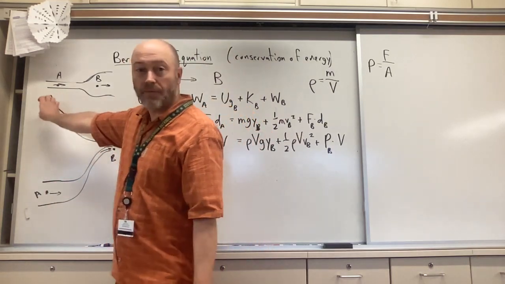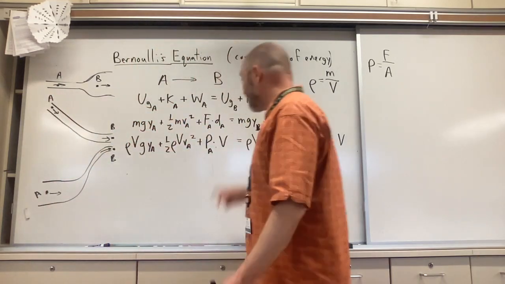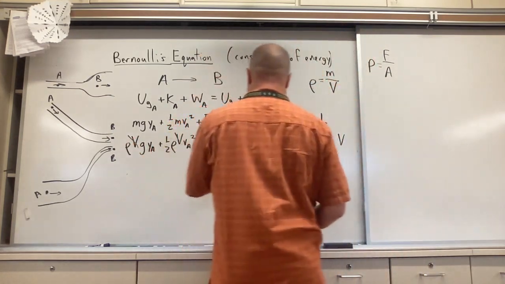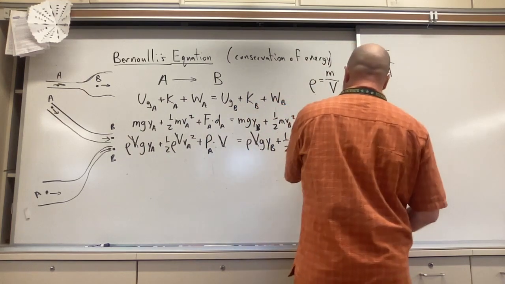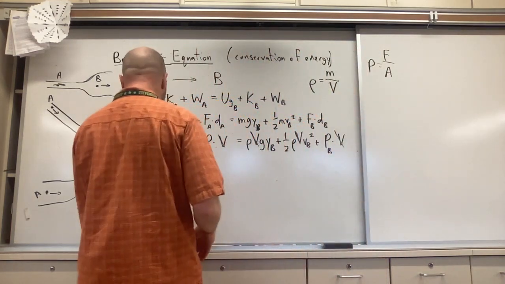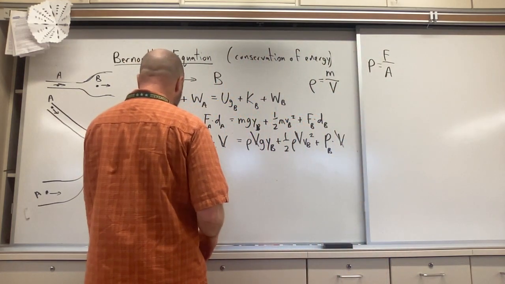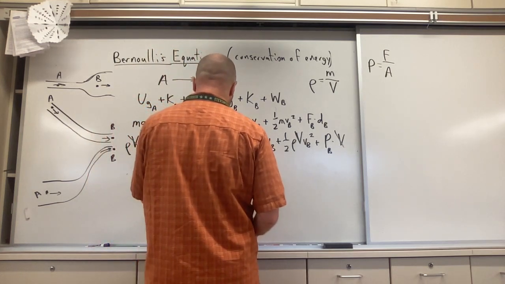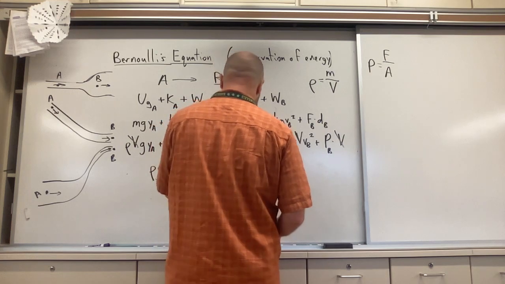Whatever the volume flow rate here has to be the same as there. So I can cancel all those volumes out. Goodbye. And then lo and behold, I end up with the Bernoulli equation.